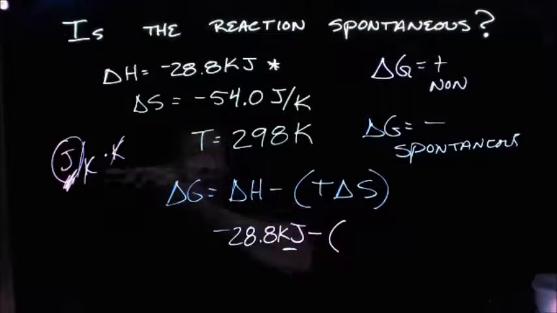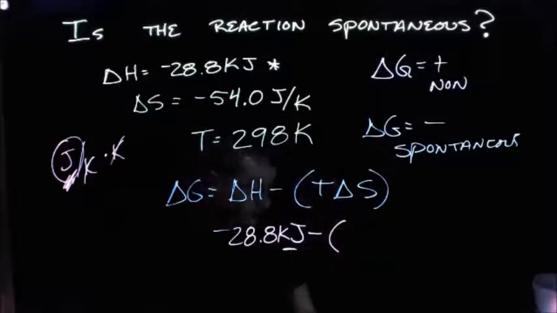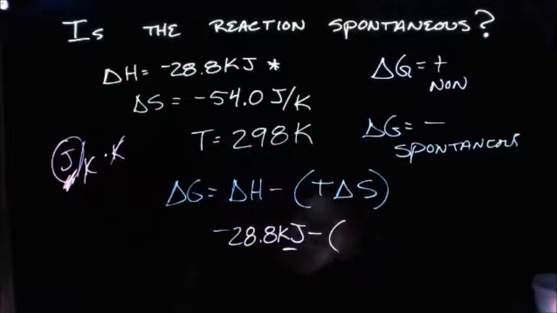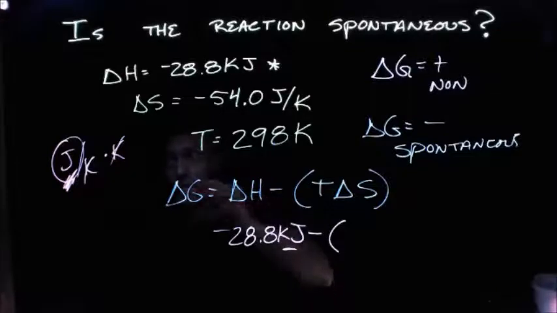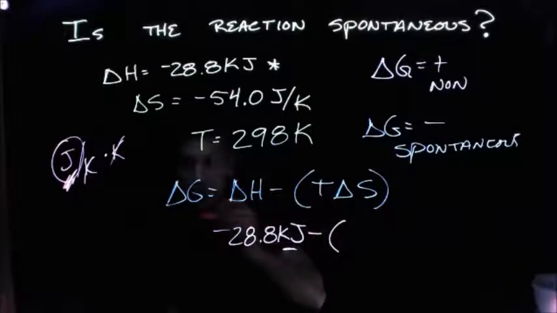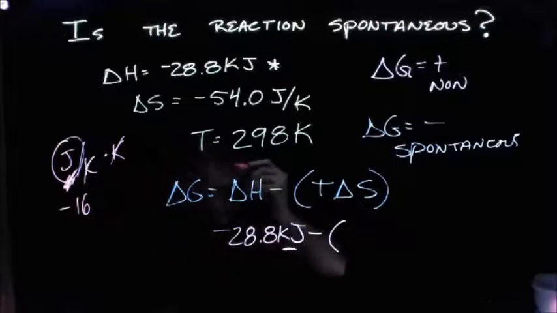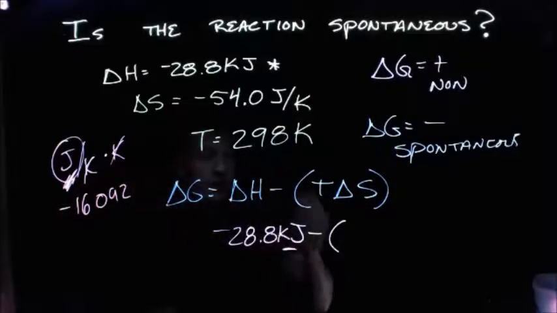So after we multiply negative 54 by 298, we need to then convert the joules to kilojoules. Negative 54 times 298 comes out to be negative 16,092 joules, and then convert that to kilojoules.